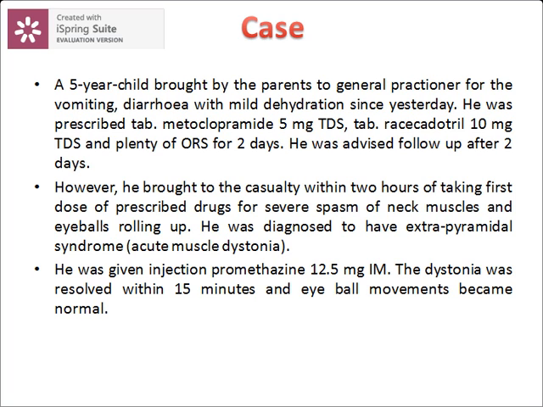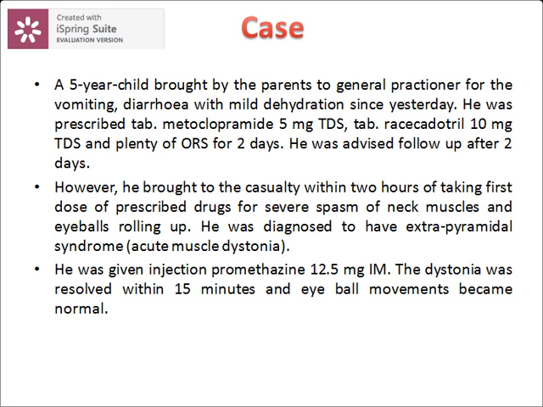So in this case, the patient developed extrapyramidal syndrome. We know extrapyramidal syndrome develops because of deficiency of dopamine or dopamine receptor blockade in the corpus striatum or basal ganglia. If we explore the drugs, the patient consumed two drugs, racecadotril and metoclopramide, before the development of the reaction. So based on timing, both drugs are possible.